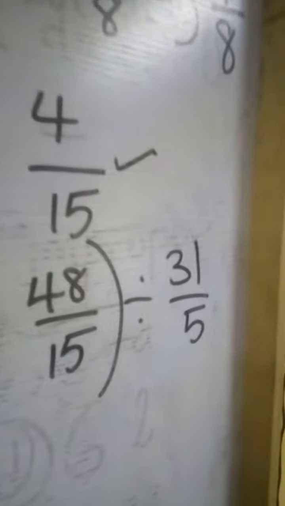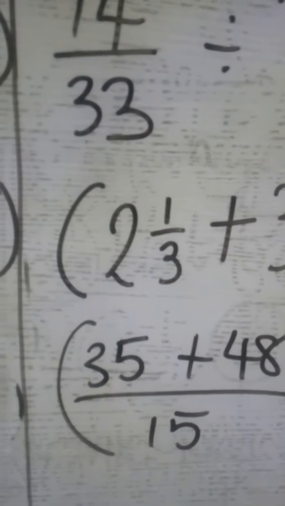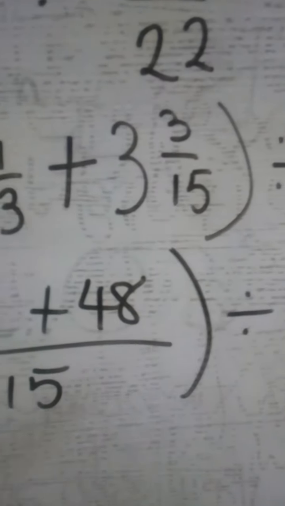So I'm adding. Then here this is becoming solid while we are going to divide this. Divided by 31 over 5. Very good. So here we're going to add 35 and 48 together. So that gives us 83. It gives us 83 over 15.